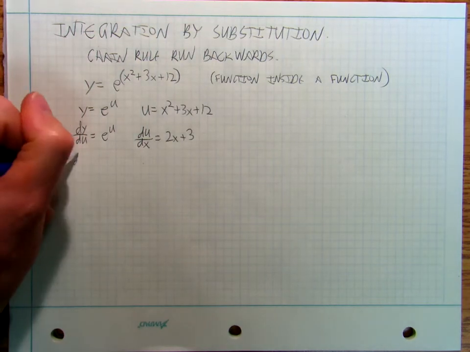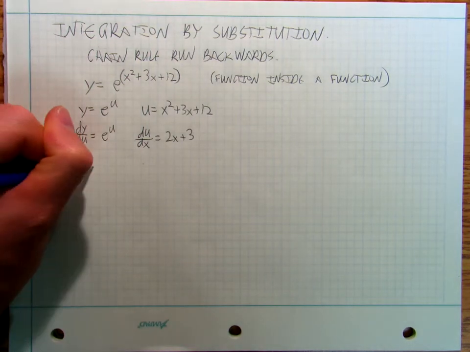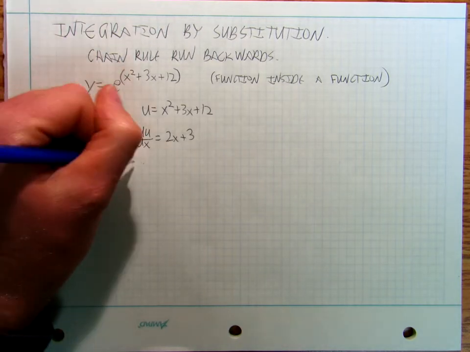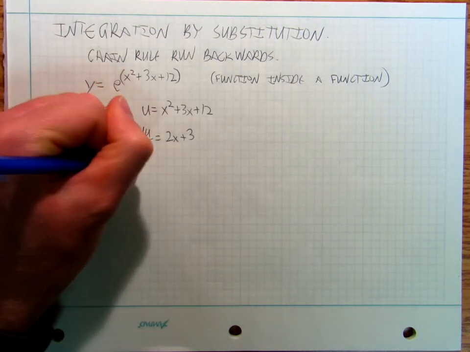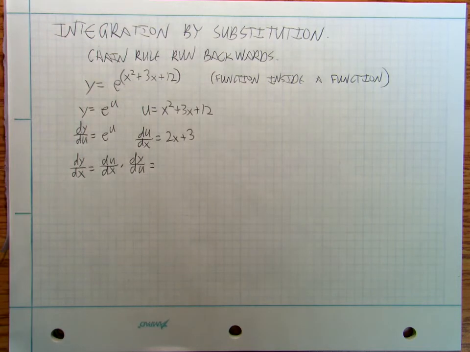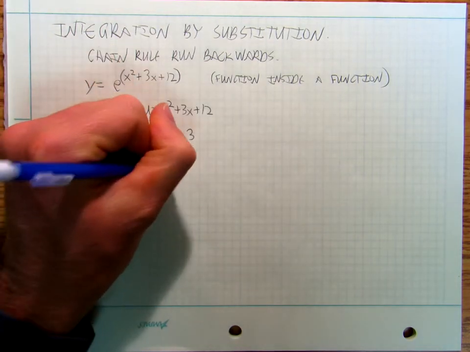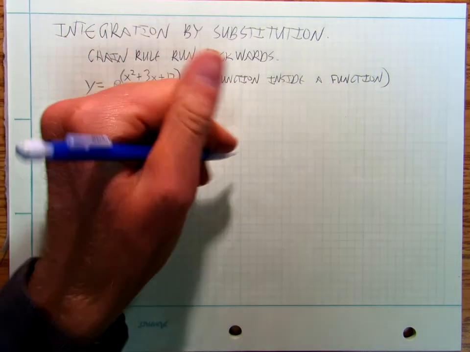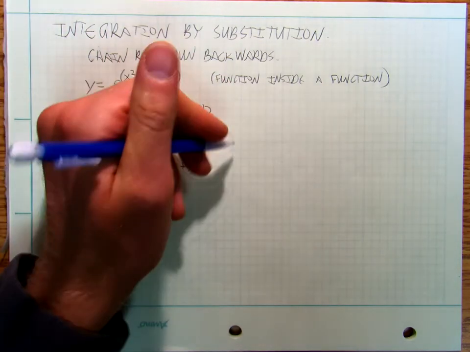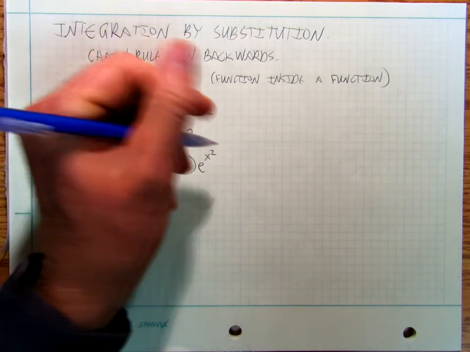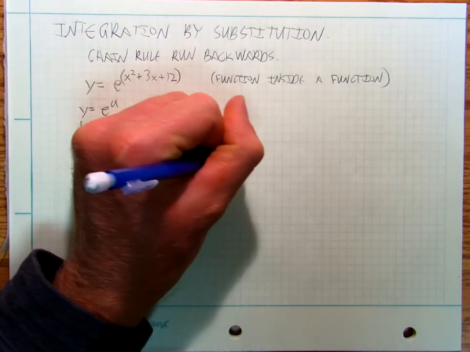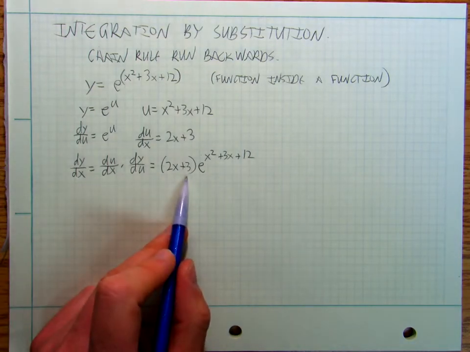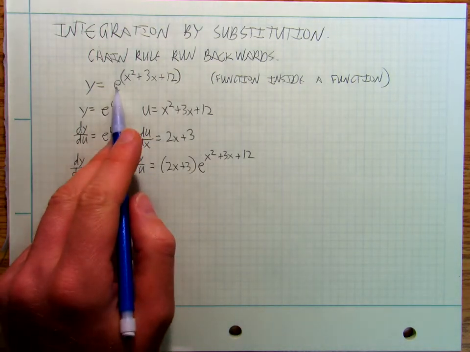And so then I'm going to say that dy dx is du dx times dy du. So I'm going to get 2x plus 3 times e to the u, and e to the u is e to the x squared plus 3x plus 12. So that is the derivative of that.